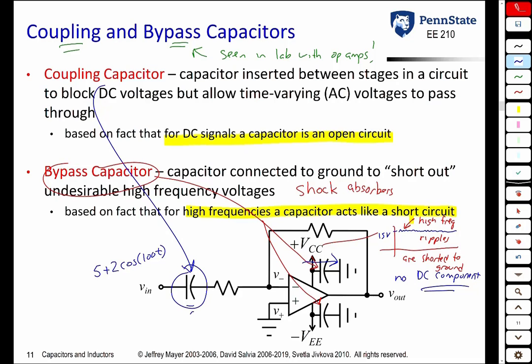The DC component, the part we want to keep from the power supply, gets fed directly to the op amp. So just like a shock absorber on your car keeps the small bumps in a road from making their way to the passenger compartment of the car, the bypass capacitor keeps these high frequency ripples from the power supply from getting into the op amp by going to ground instead.